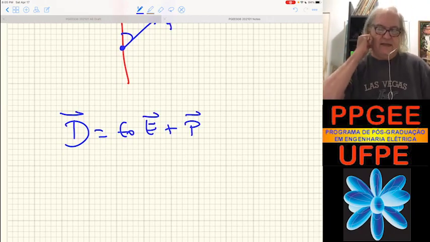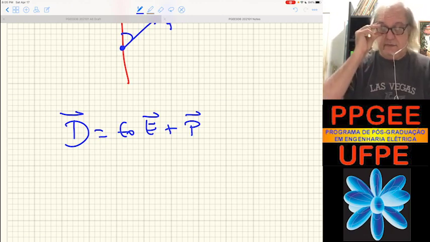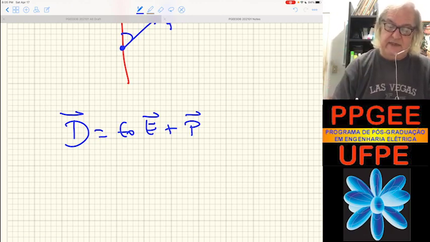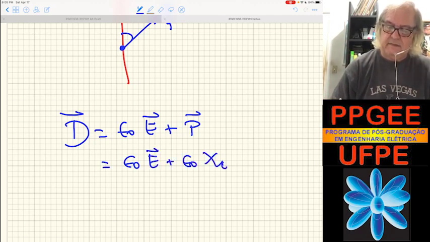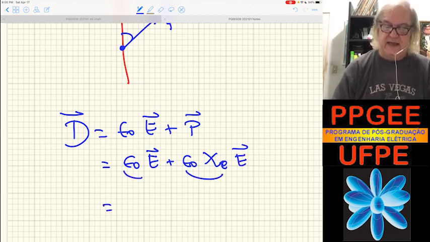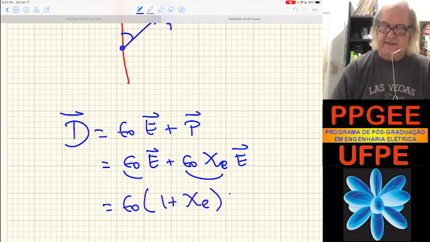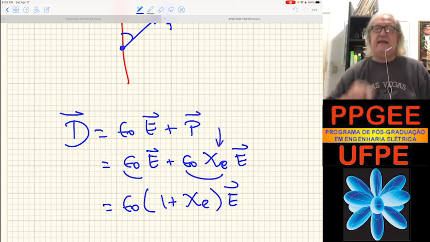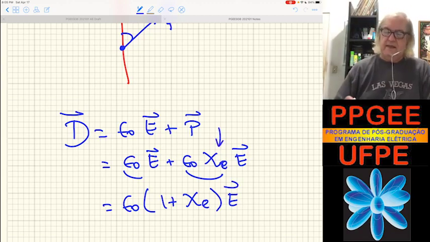so what happens? Well, if you use the susceptibility concept, this combination is going to be epsilon 0, 1 plus chi E, times E. Observe that chi is dimensionless, okay?